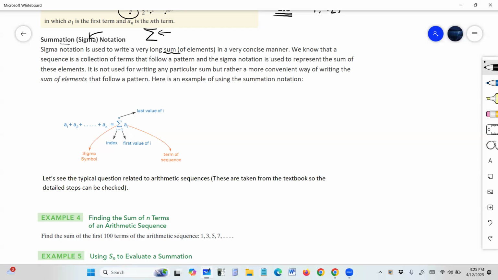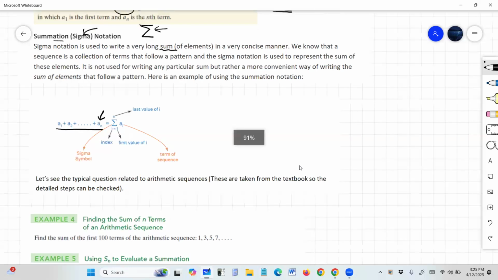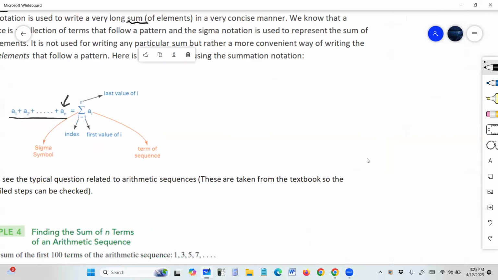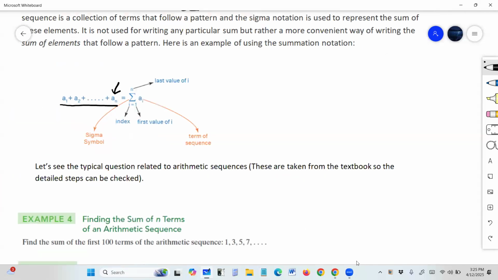So if I'm interested in finding the sum of the first n terms, we use this notation that you see right here. I'll make it a little bit bigger. Where we have a variable to denote the index.